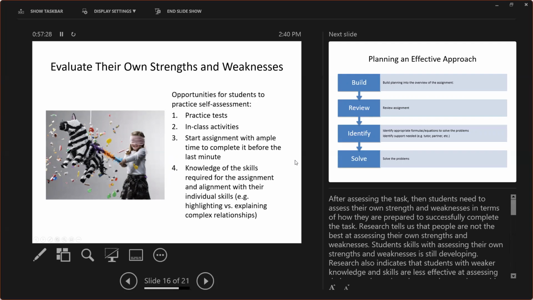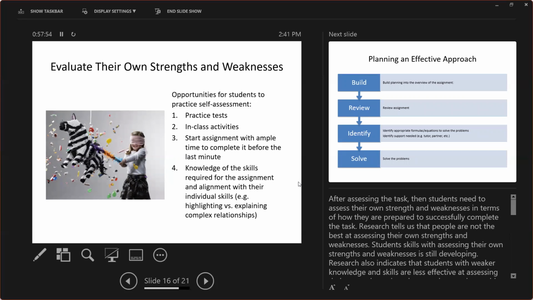And if students don't realize the skills required for an assignment, and their skills are not necessarily aligned with what's required, they might think that they're going to be successful when they don't realize they really hadn't developed those skills yet.